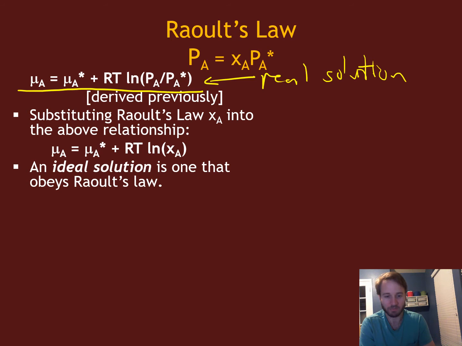Now, using Raoult's law, we are assuming an ideal solution, in which case this equation simplifies down to the chemical potential of the mixture equals the pure chemical potential plus RT ln of the mole fraction of A. This Raoult's law tells us we're dealing with an ideal solution. The ideal solution is a solution that obeys Raoult's law.